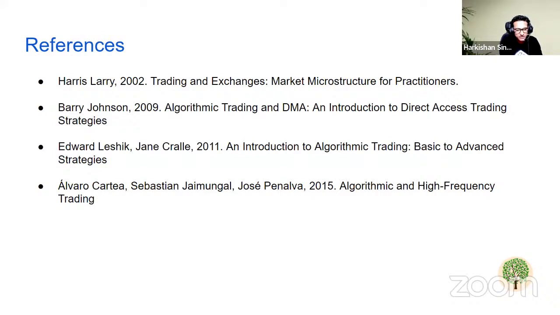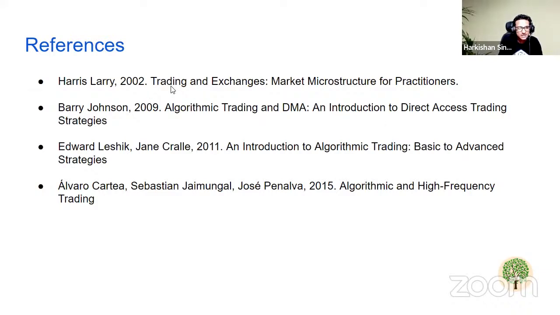But the fourth book is more research oriented because it's written mostly by academics. I consider it a very academic book, very heavy on mathematics. If you really want to go in depth on high frequency trading, how it works, about strategies, I would recommend this book. But the first three you should read at least, to get the understanding.